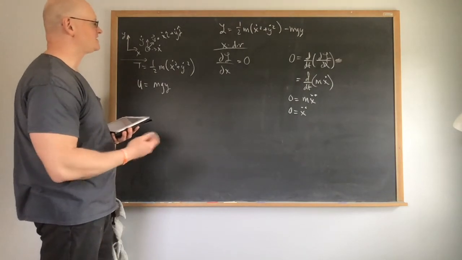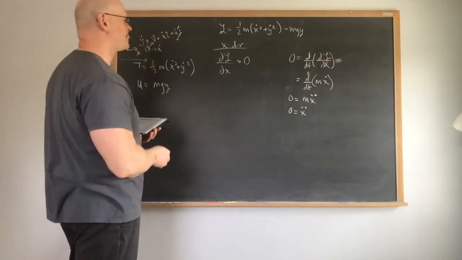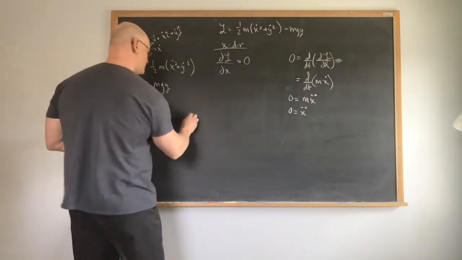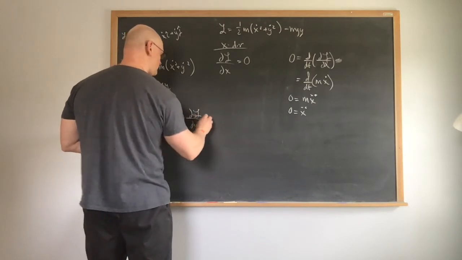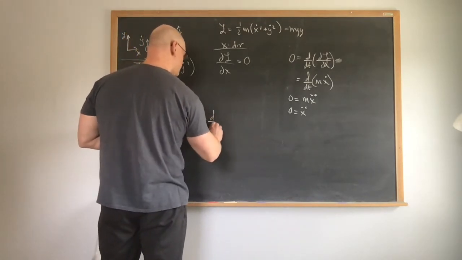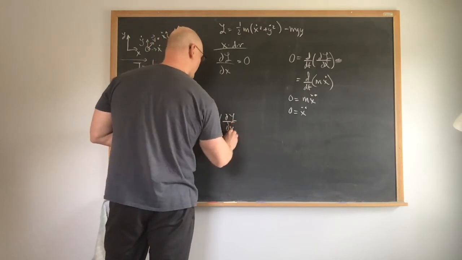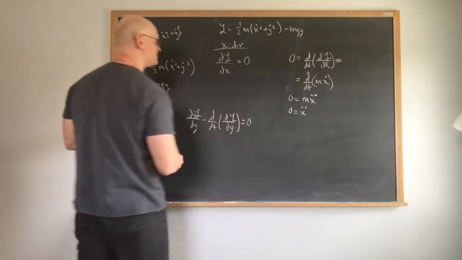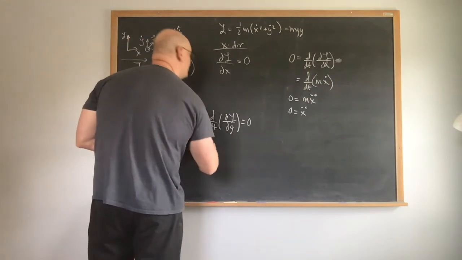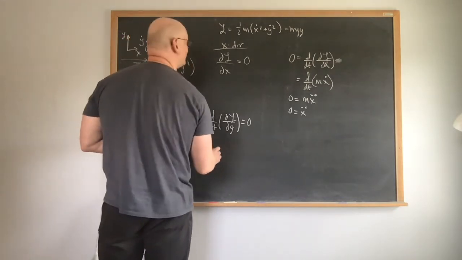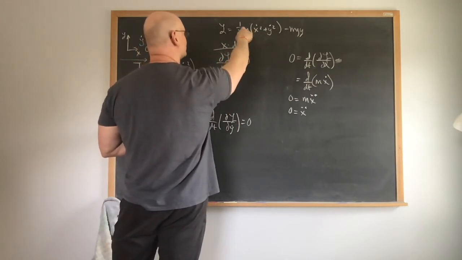In the y direction, that's not going to be true, because now when we take the partial with respect to y, we're simply going to get this term. So here we take the partial with respect to y, minus the derivative with respect to time of the partial with respect to y dot, and set that equal to 0. So I'm going to get minus mg, minus, and then taking the partial of this with respect to y dot, I'm going to get simply m y dot.